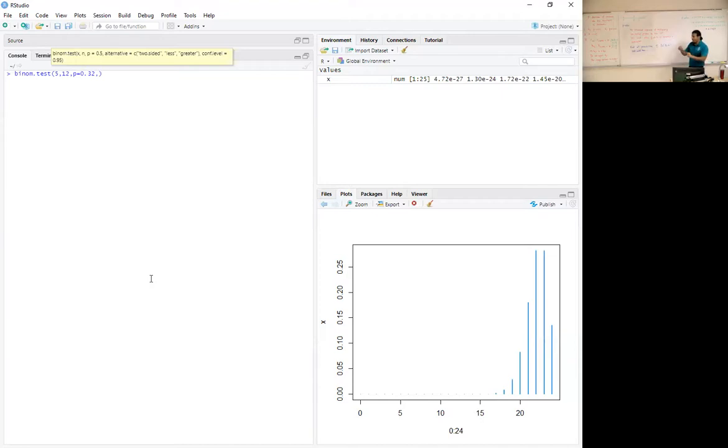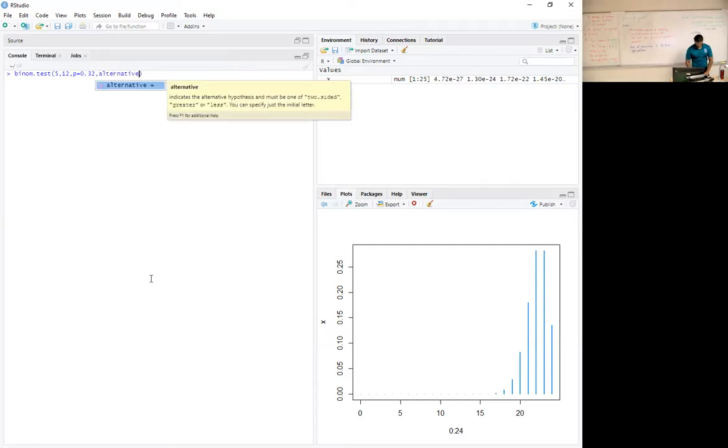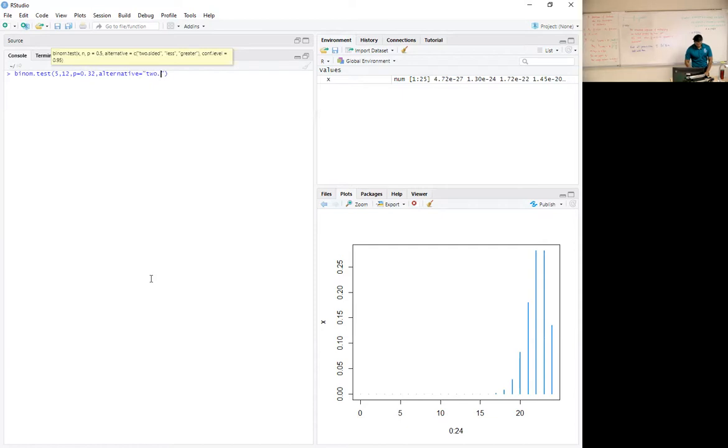And P is our null value, not the P hat value that we have. And the alternative is two-sided. So if you perform a right-tailed test, you would type in greater. If you perform a left-tailed test, you type in less.